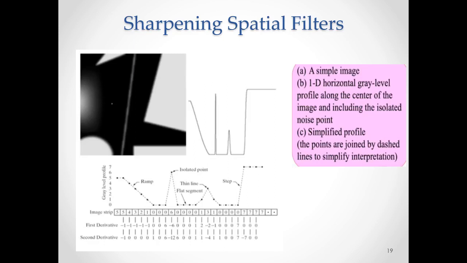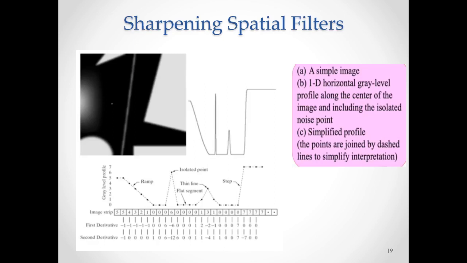To find the values for second order derivative, we can use the definition as f of x plus 1 plus f of x minus 1 minus 2 f of x. So, if we consider this as f of x, this will be f of x plus 1, this will be f of x minus 1. So, f of x plus 1 plus f of x minus 1 minus 2 f of x. So, it is 4 plus 5, it is 9 minus 2 times 5, it is 10, 9 minus 10, it is minus 1.